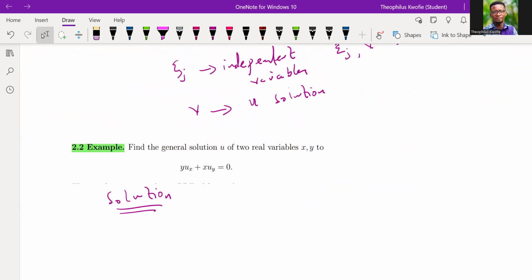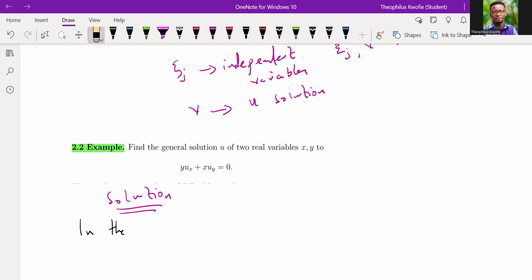I want us to use the same language as before. Before, we were not using x and y, so I want us to use 1 and 2.